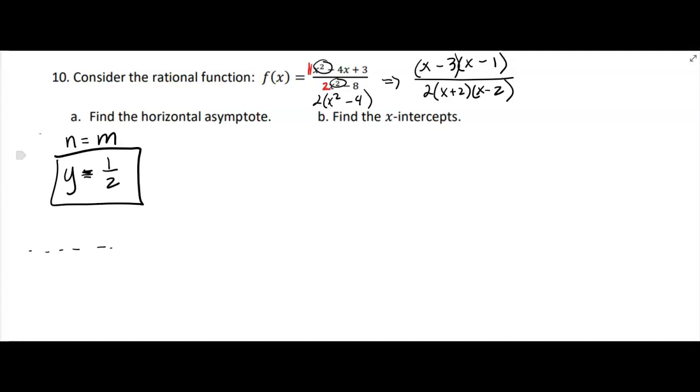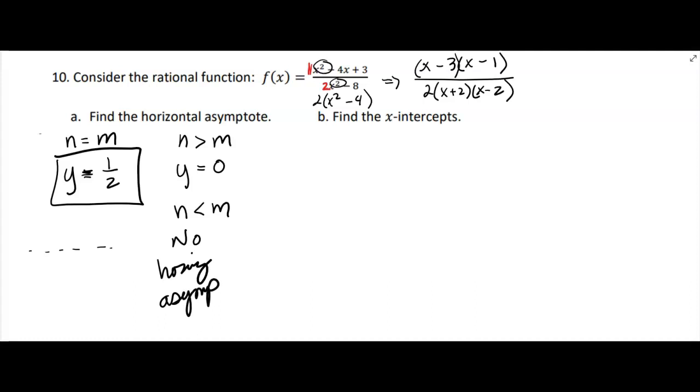So you have to consider on your note page, if n is the degree of the numerator, and n is greater than m, then it's y equals 0. And if n is less than m, there's no horizontal asymptote. And that's when you have a x to the nth over b x to the m.